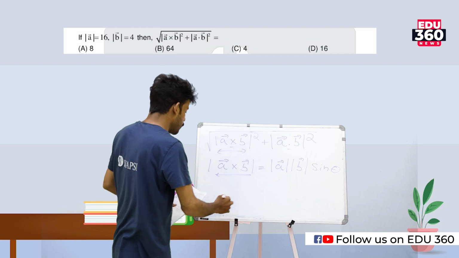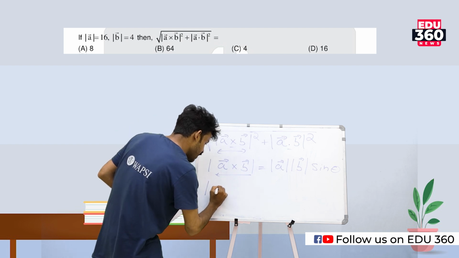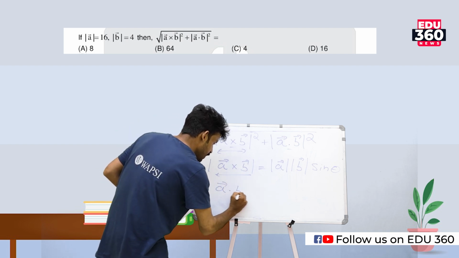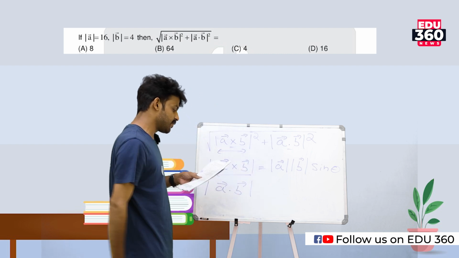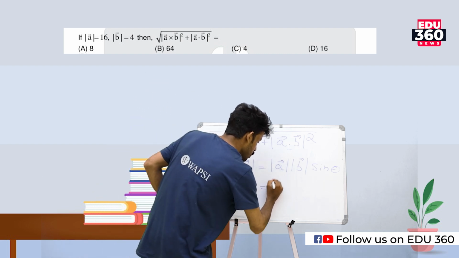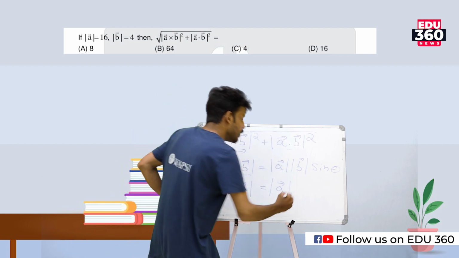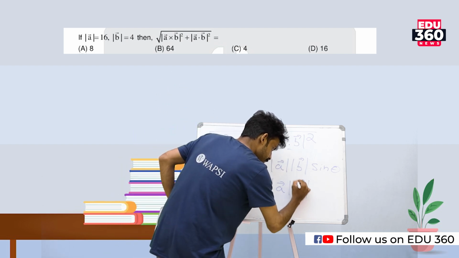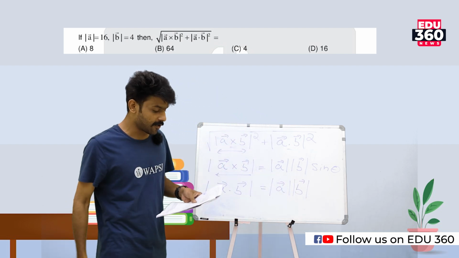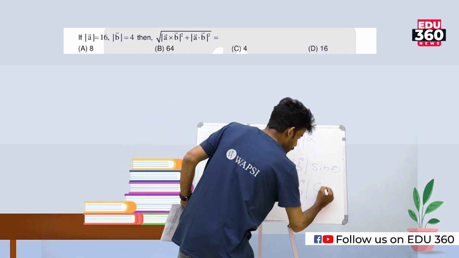And for the dot product, modulus of vector A dot vector B is equal to modulus of A into modulus of B, and since this is a dot product, it is cos theta.